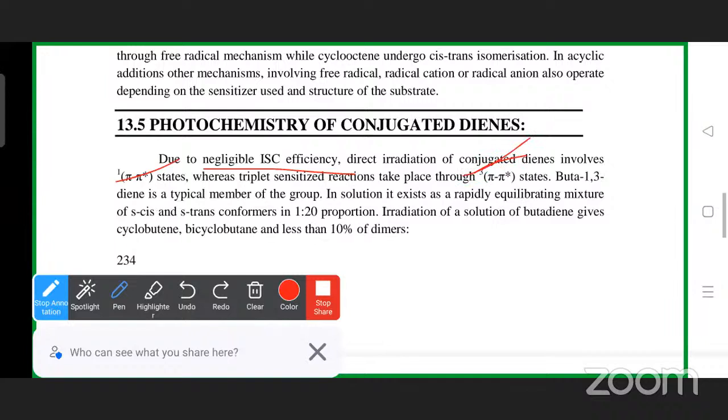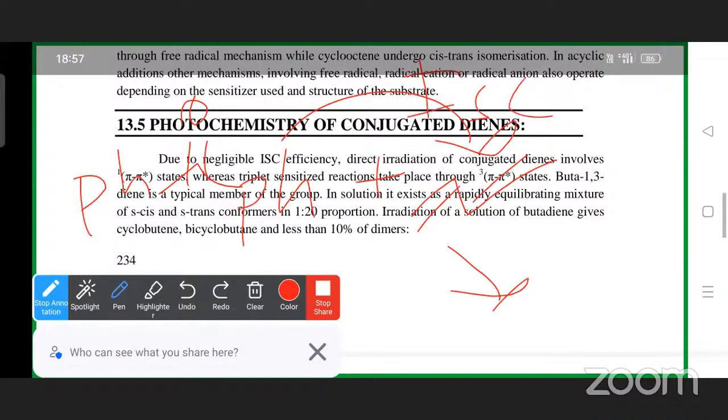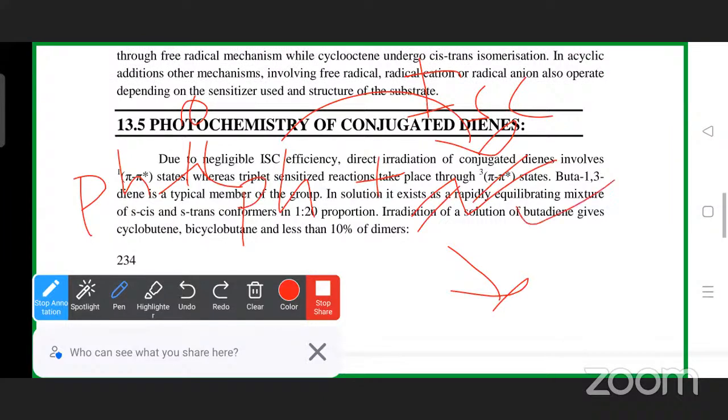Like butadiene here, when benzophenone is taken with butadiene, it transfers its triplet energy to this butadiene. Then this butadiene is in the triplet state. Like that.